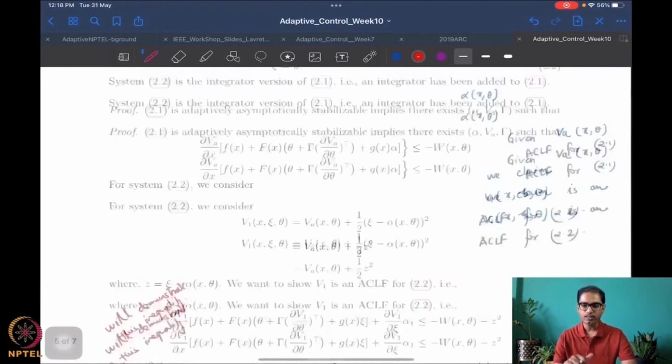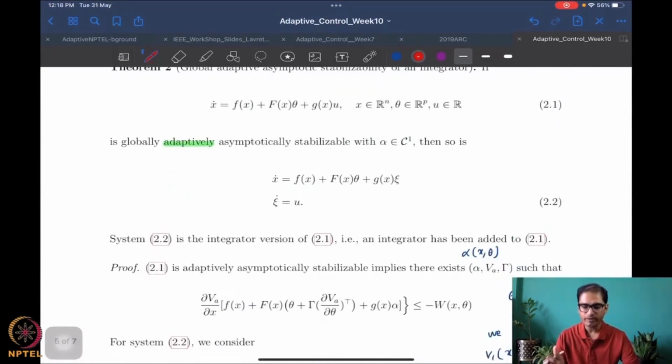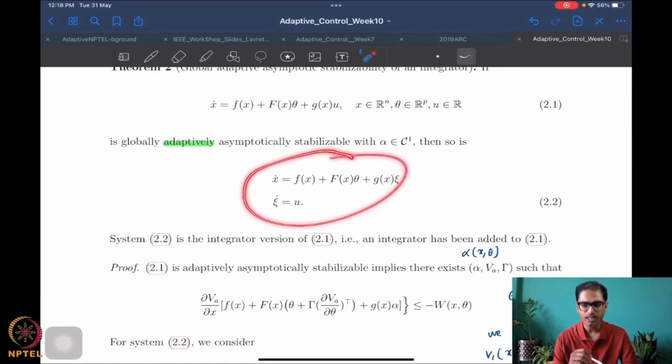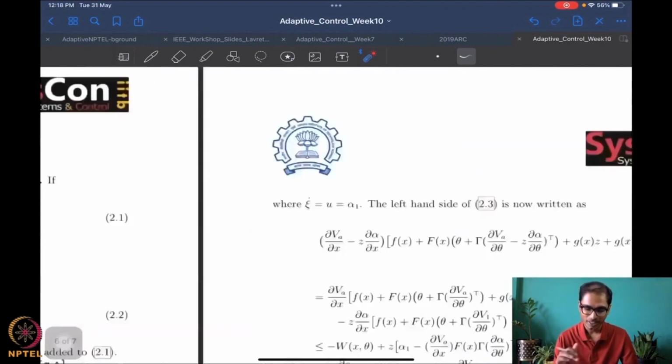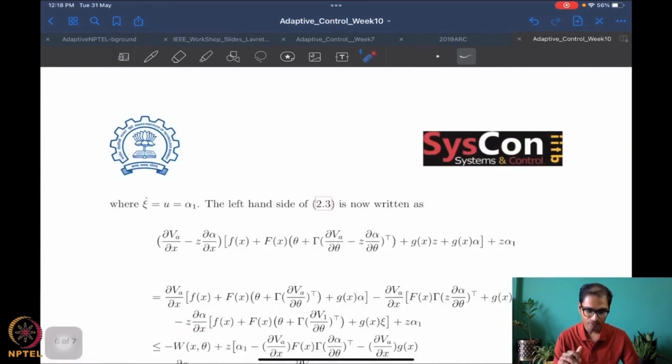How do I demonstrate it? I'm just going to take V1, which is a function of x, psi, and theta, and take its derivative along equations 2.2, or rather the modified version of 2.2. Let's be careful here. We have assumed that psi dot, which is u, is some alpha 1.